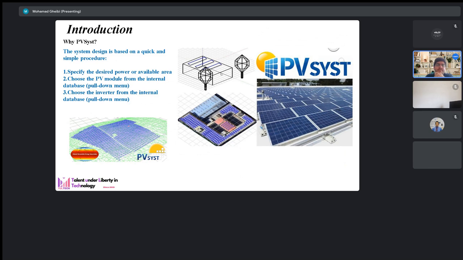In this software, you can specify your power or area. For example, in different countries, in European countries, countries in Asia and America and different regions, there are different rules based on government or private sector support for solar system production.